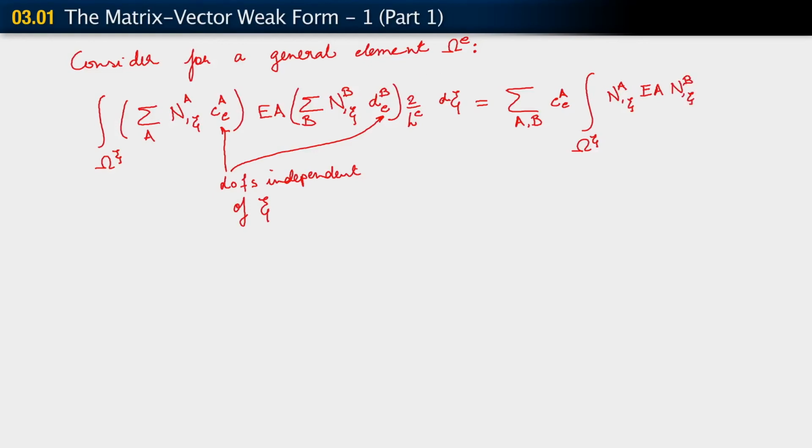I'm going to pull the factor of 2, which comes here, for the sake of brevity, again, and put it in here and divide by h e. So I have that factor 2 E A over h e sitting inside there. All of this is integrated over dxc, and that is our integral within those parentheses, and it is being multiplied by d b e. Written in a nice and short, succinct form.